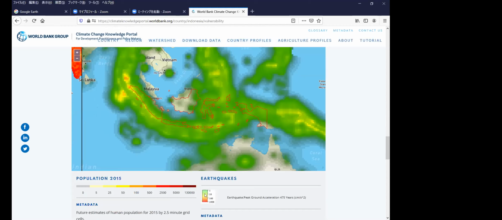The indicator number is shown by this color bar. So red color shows the high risk.